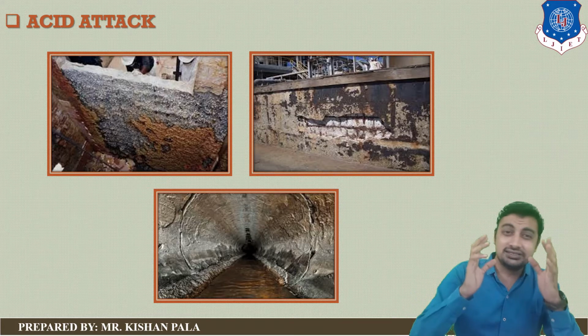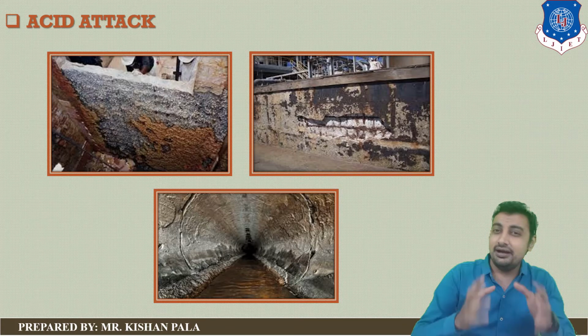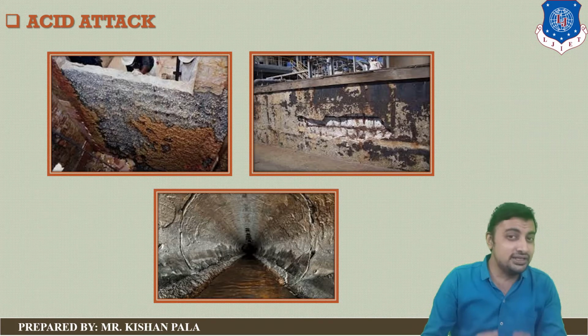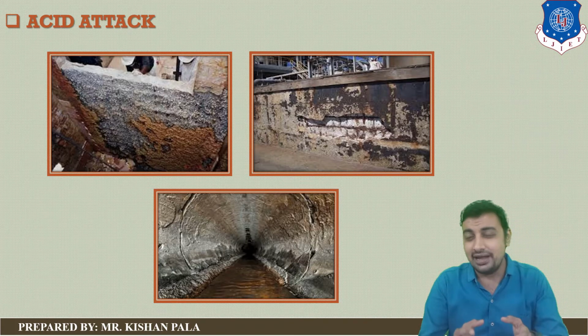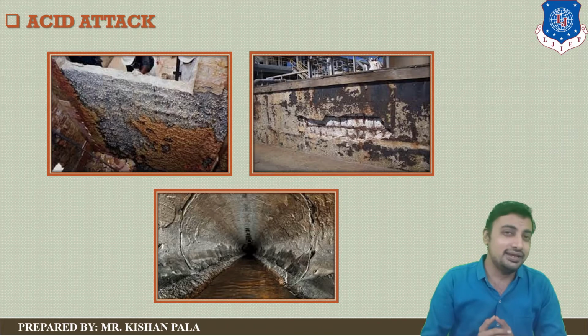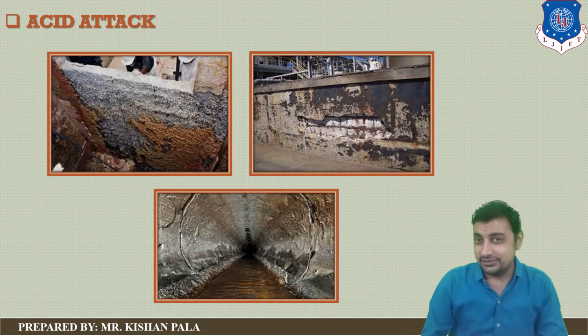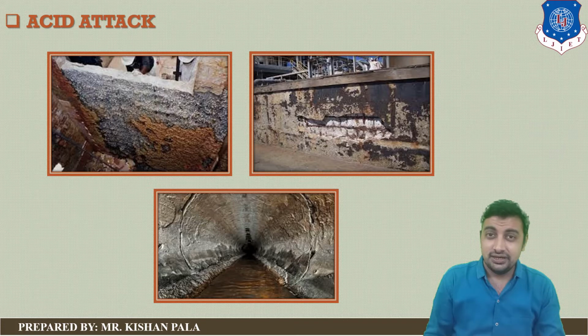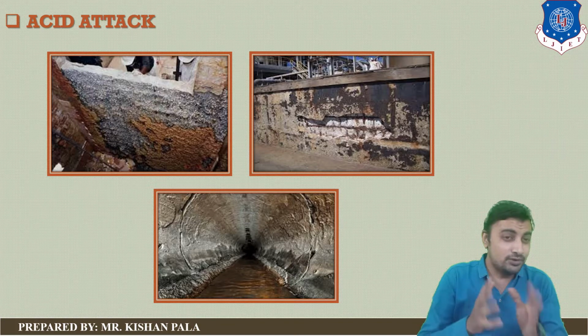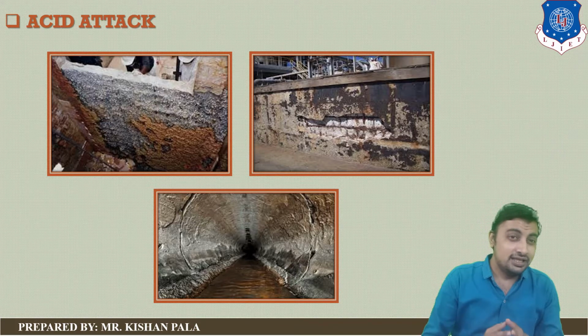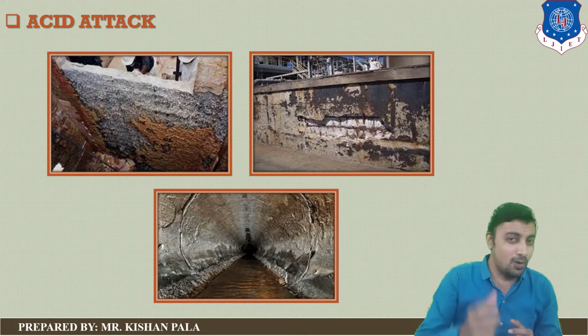Acid attack is encountered in industrial areas, and concrete is also attacked by water containing free carbon dioxide. You can see on your screen the photos regarding the acid attack. Sewage water also slowly causes deterioration of the concrete.